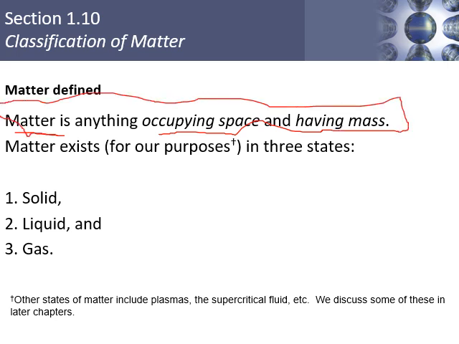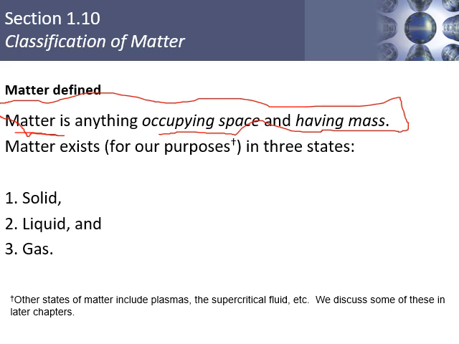Anything that has mass, and what we mean by that is anything that's heavier than a neutrino, or including a neutrino. A neutrino actually has a rest mass. As far as I know, it's the lightest particle that we know of. It has barely a mass, as opposed to something like light, which doesn't have any mass, right? So anything that has mass and occupies space.